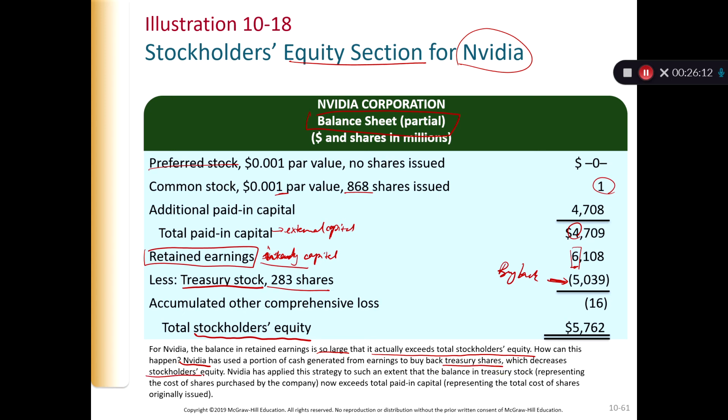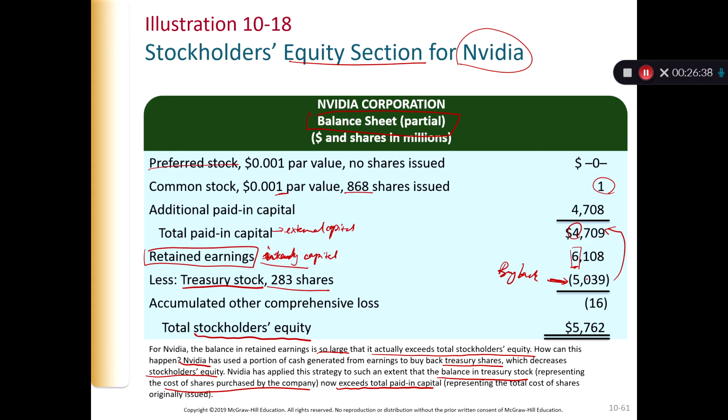And if this $5,039 was not bought back, it would park under this line, because it would be shares outstanding. So NVIDIA has applied this strategy to such an extent that the balance in the treasury stock, representing the cost of shares purchased by the company, actually exceeds the total paid-in capital.